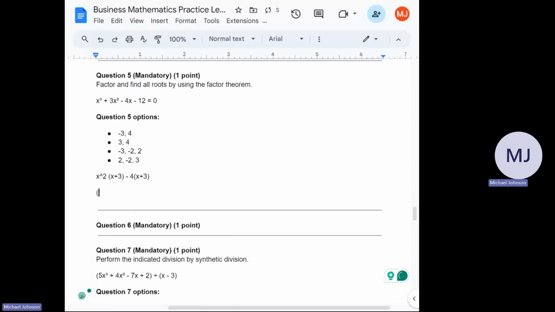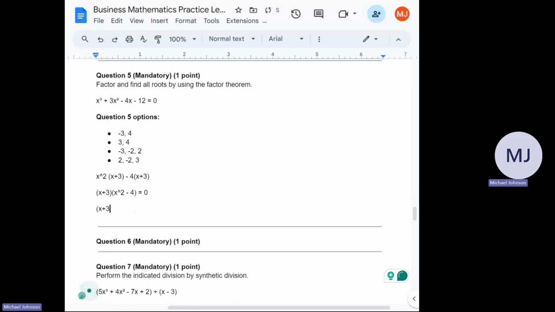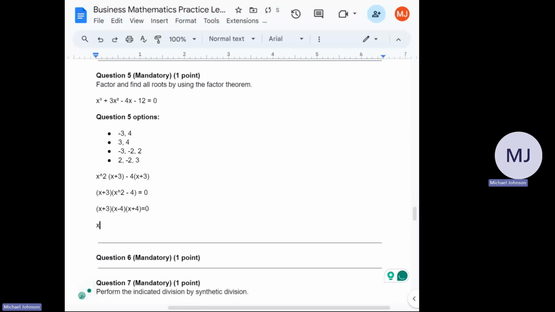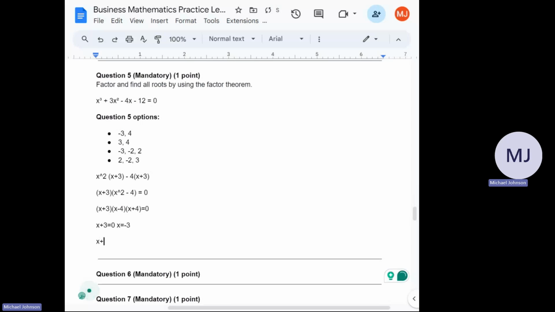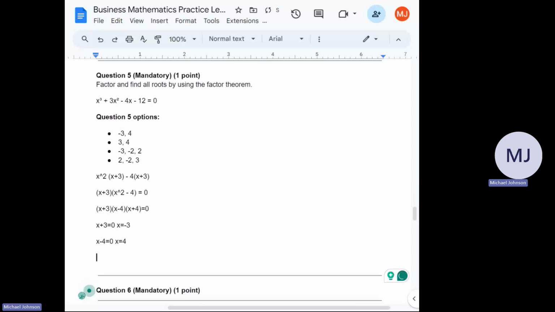And then we would just be left with x plus 3, x squared minus 4 equals 0. And then x squared minus 4 is just x minus 4, x plus 4. Then x plus 3 equals 0, x equals -3.